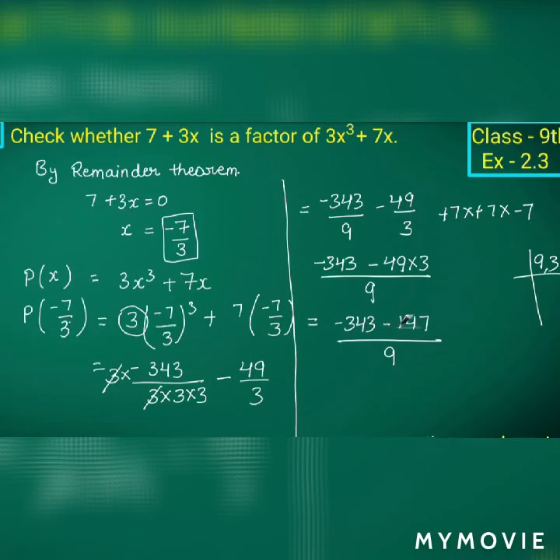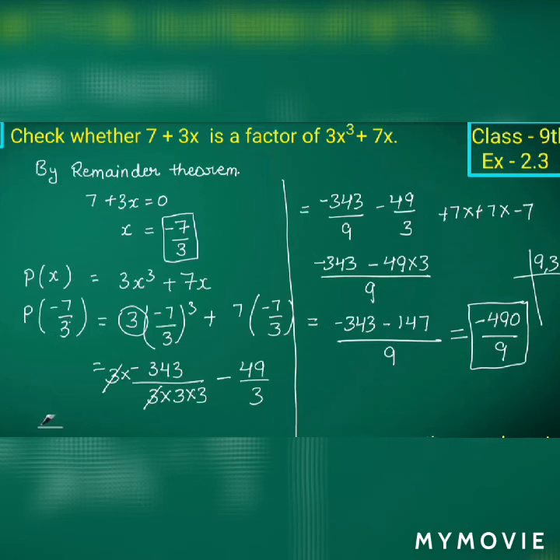Since both have minus signs, we have to add, right? If two similar signs are there, we do addition with the minus sign. So minus 490 by 9. This is the value of the 0 of the polynomial p of x.